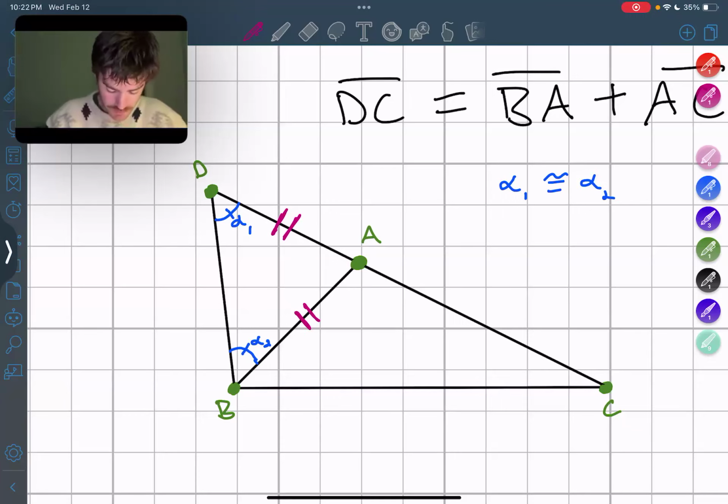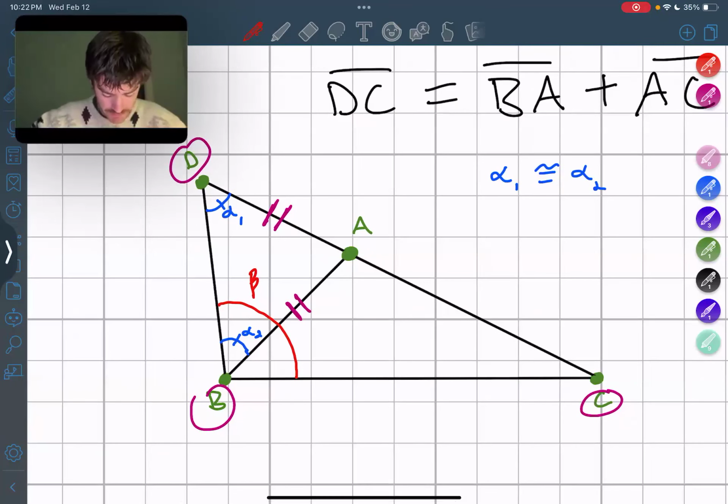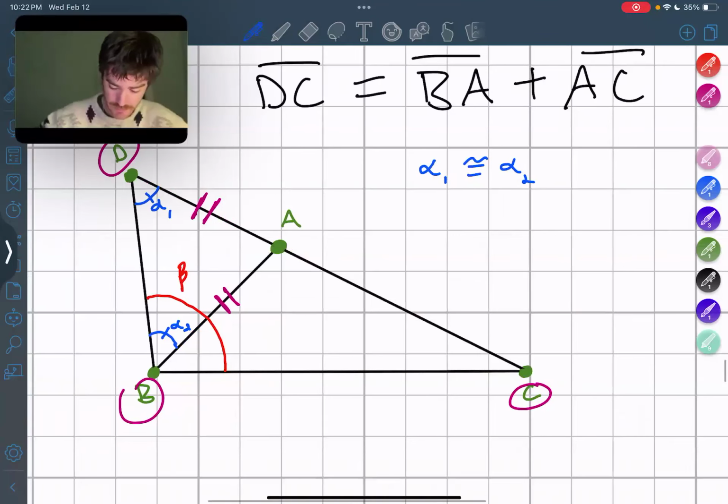And in the construction of our larger triangle DBC, we have created a new angle, this guy, which we will call beta. And visually, you can just see beta is a larger angle than alpha. So let's write that out. Alpha is less than beta.